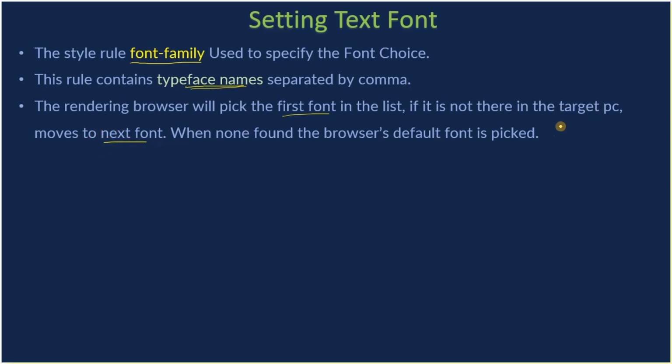So this is how we will specify the font family: F1, F2, F3. The browser will first visit F1. If it is not available, then it will move to F2, and if it is not available, it will go to F3, and if none of the fonts F1, F2, F3 is available, then the default font will be applied.